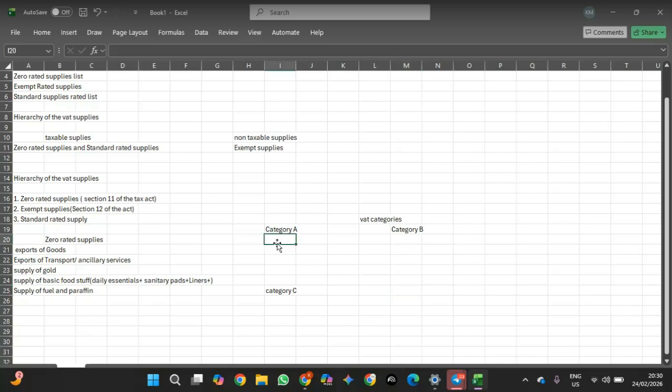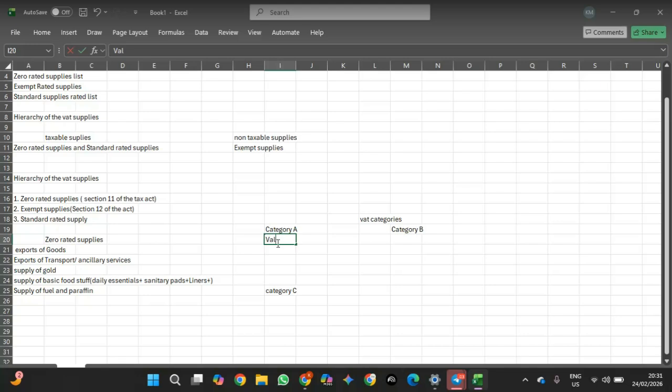So you've got your category A. You know that income, not taxable income, but taxable supplies. Taxable supplies. And also, let me just say this, value. I hope you still remember the difference between value and consideration.